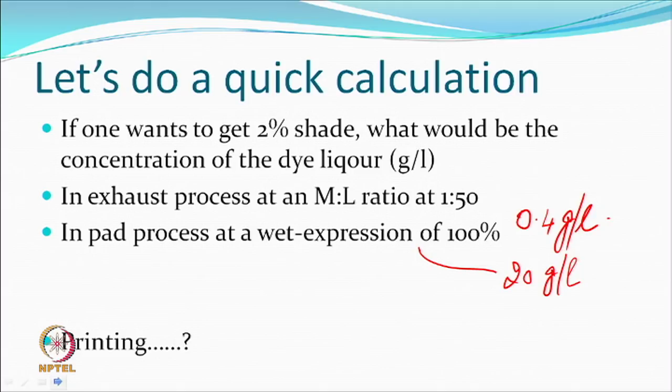In printing, if you want to calculate for such a small area, there is hardly any water, because after printing you dry it, and then you go somewhere to fix it.